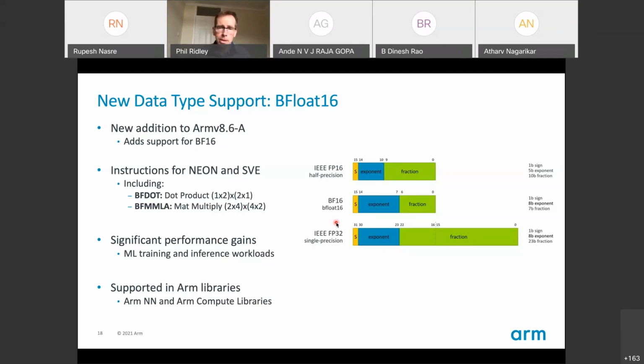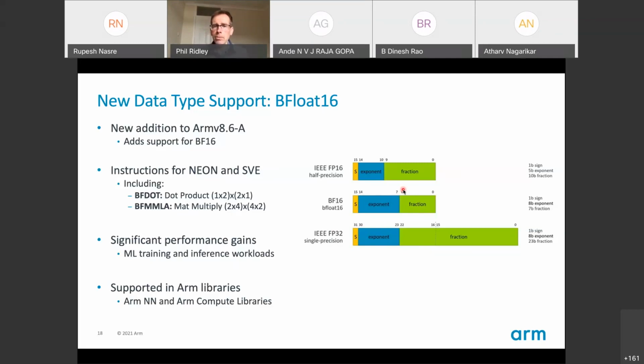So what bfloat16 does is, because it's got the same size exponent, it maintains the range of the standard single precision representation in 32 bits, but you lose precision at the cost of the 16-bit representation. But for most ML applications, that really doesn't matter. You've still got your same range, and a little bit of loss of accuracy doesn't matter.